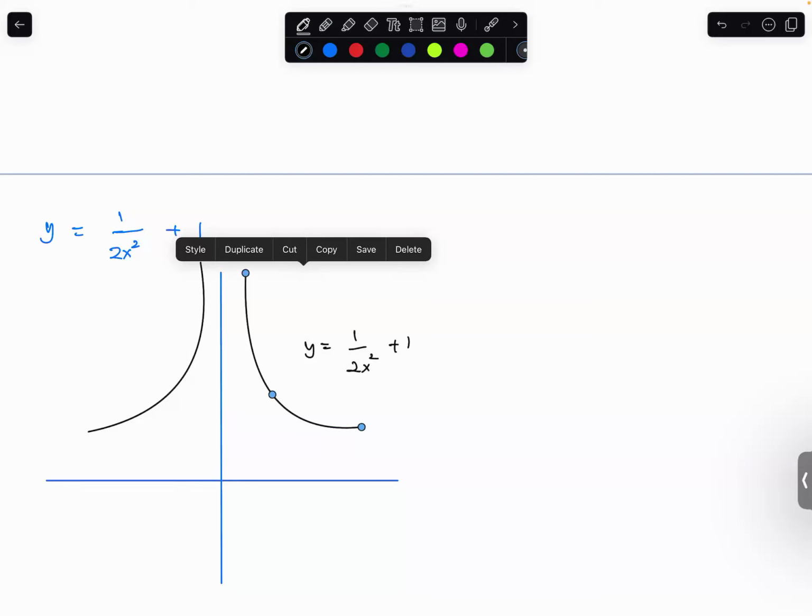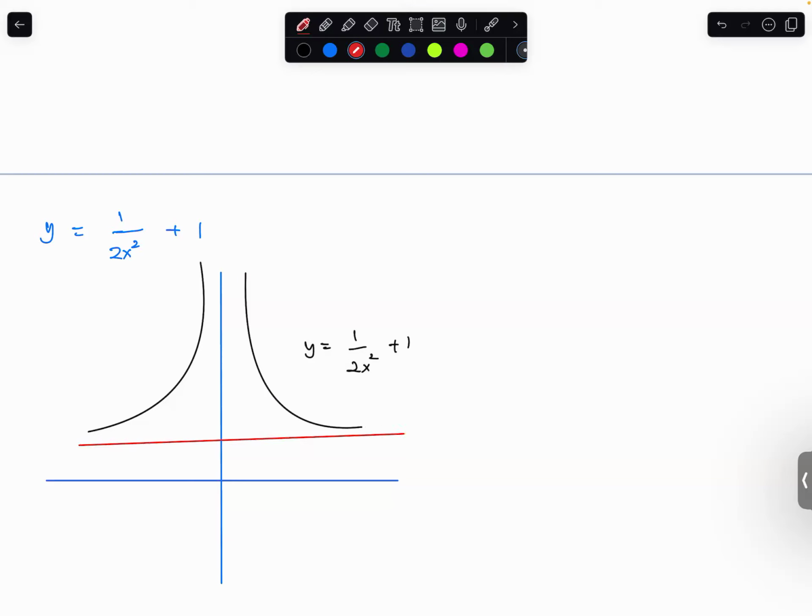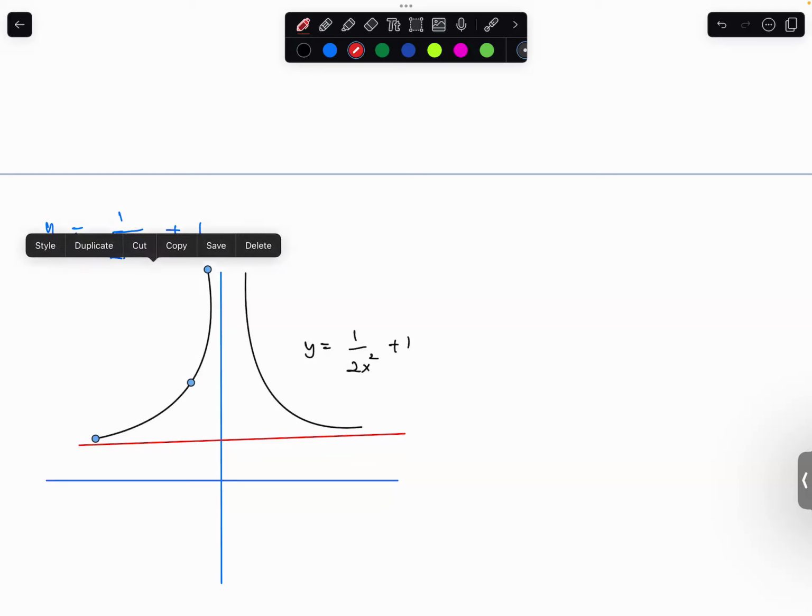Then we can draw this hypothetical line of y equals 1. So this straight line is the line of y equals 1, because this is 1, 2, and 3 right here.